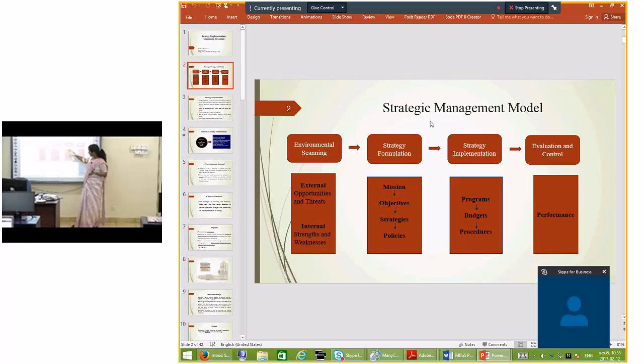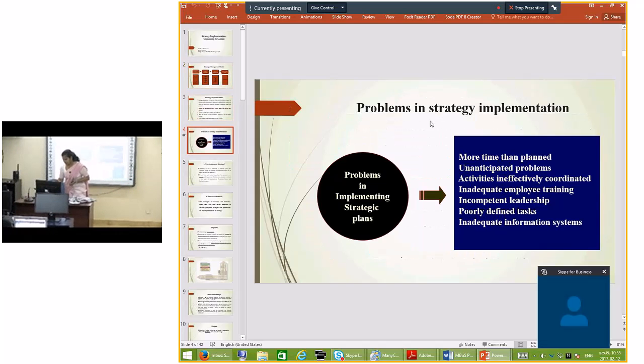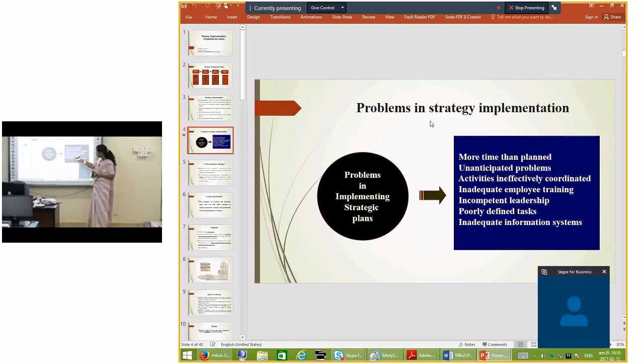So once we are going to implement, the problems come. Definitely there might be problems within the organizational setting and maybe outside. As we discussed, sometimes unanticipated problems may come. The poorly defined staff and the incompetent leadership.